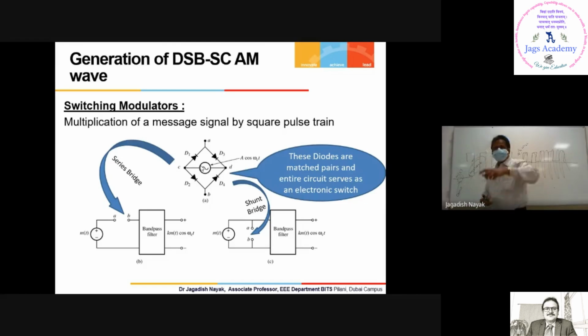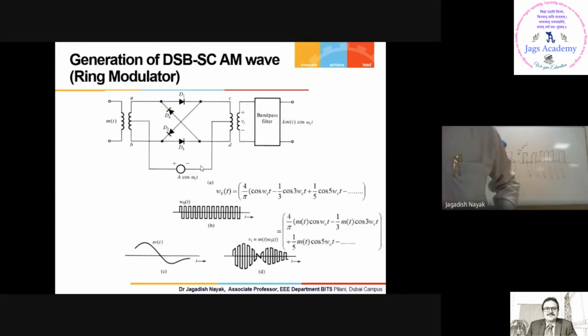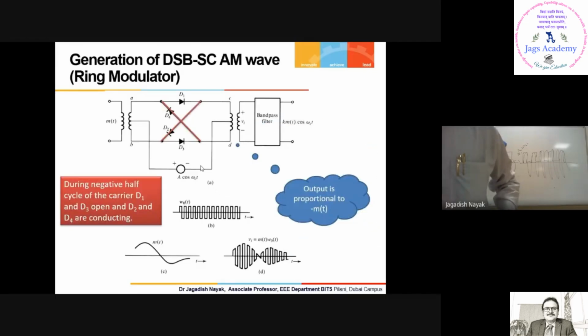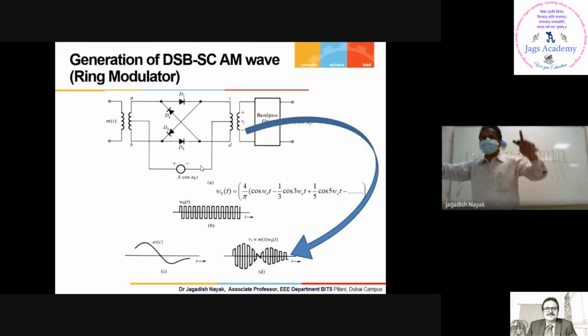Now, what we're doing here is, m of t is anyway there. Then you have this square wave, and you multiply that. What will you get? This square wave can be represented like this. See here, try to understand this. The square wave can be represented using a Fourier series expansion. All of you know Fourier series expansion.